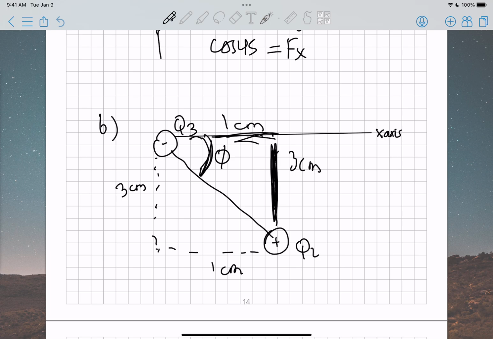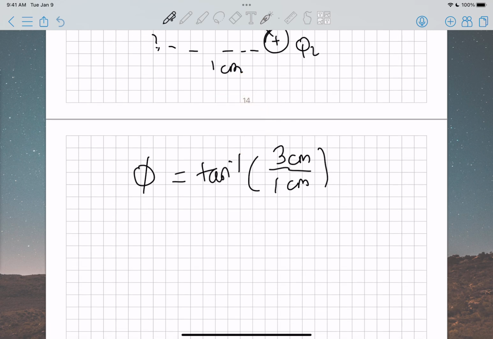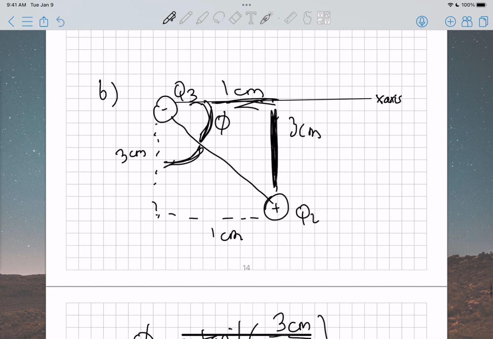Or, if you're like me, my first thought was, let me find this angle right here and then subtract it from 90. You could do that as well, but that's unnecessary, it's more work. Because you would have done inverse tangent of 1 over 3, and then we know that these two angles combined would give us a 90-degree angle.